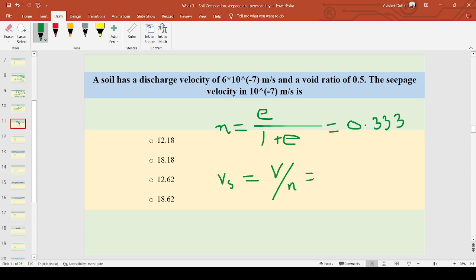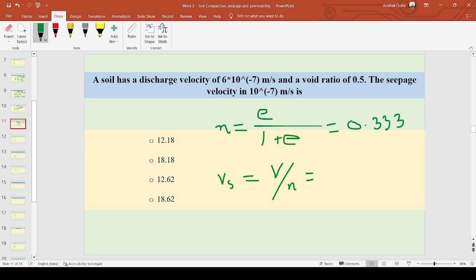Now you do this, divide 6 divided by 0.333, get a value of 18.18, I believe, second to the power minus 7. Please solve this question. Yes, B is the right answer.